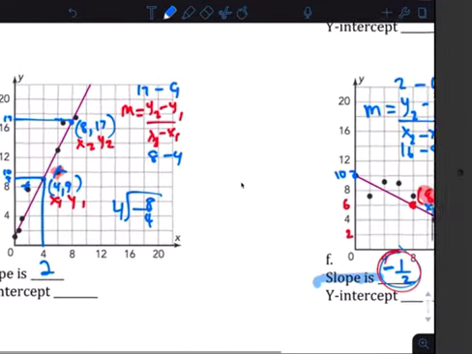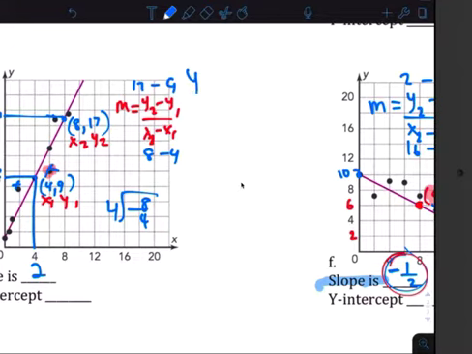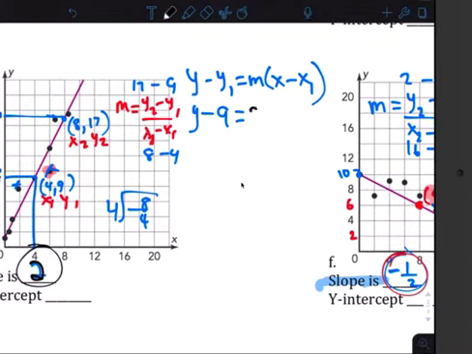To find the y-intercept, we use point slope: y minus y sub 1 equals m parentheses x minus x sub 1. Okay, so y minus y sub 1 is y minus 9 equals m. M is this 2 right here, parentheses x minus x sub 1, which is 4.